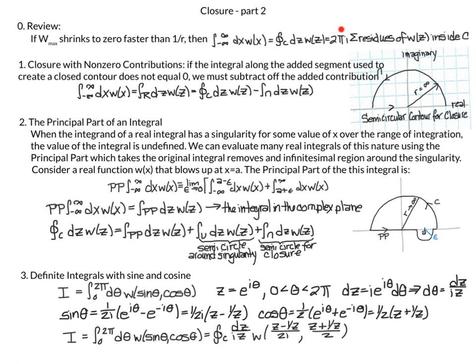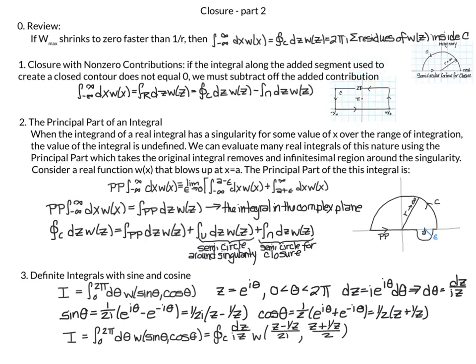But we extend our function to the complex plane, and we add this extra semicircular curve on top, of infinite radius, so that we have a closed curve and can use the Cauchy residue theorem. One thing that our previous video depended on is that the integral on this semicircle is equal to 0. So when we integrate over the closed curve, we don't add anything to the integral over the real line.